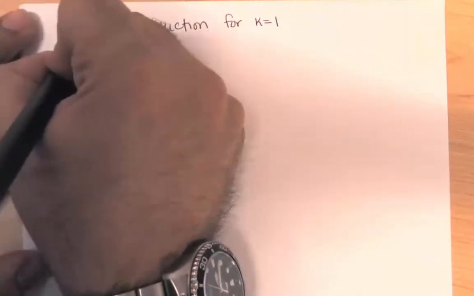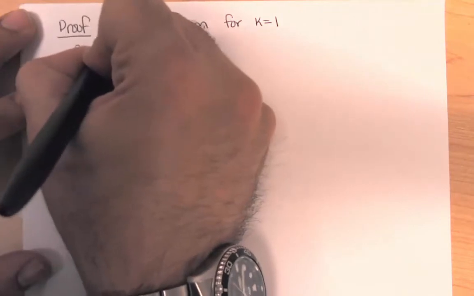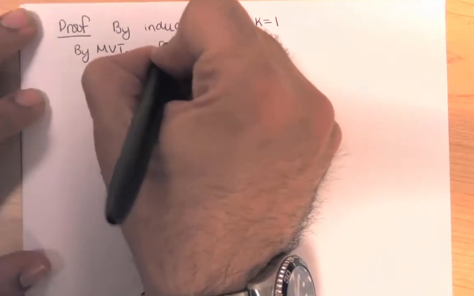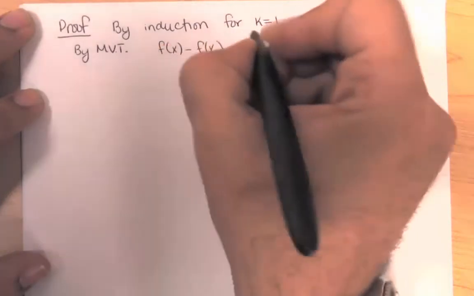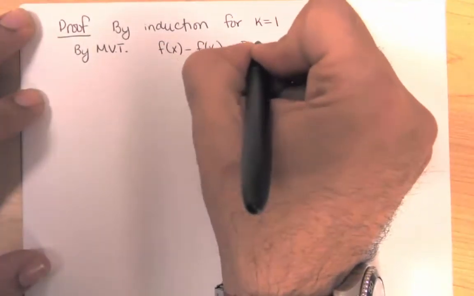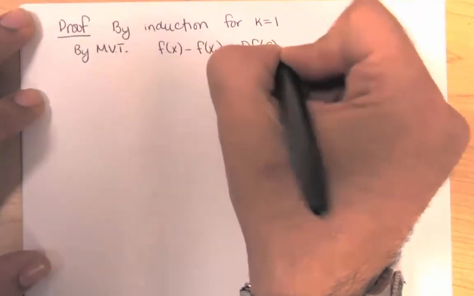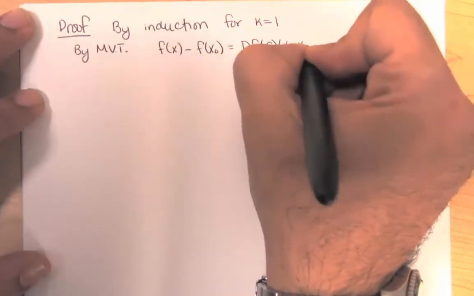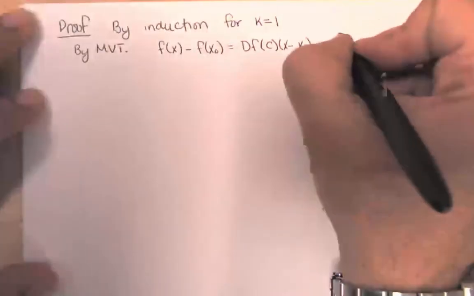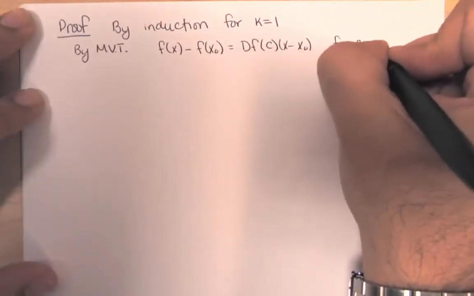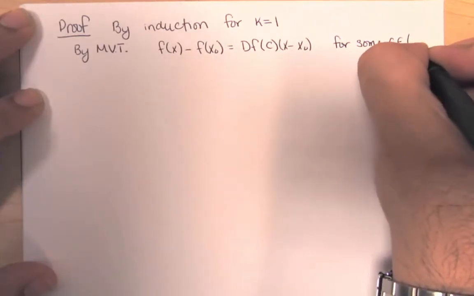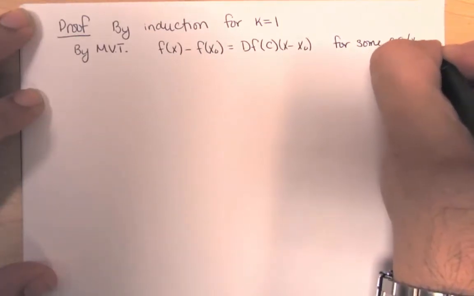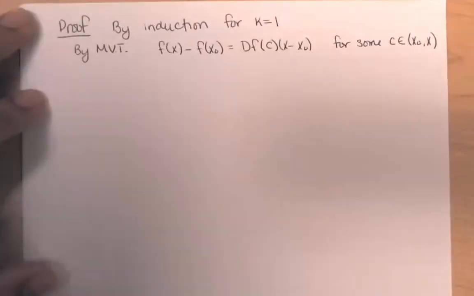Then by the mean value theorem, I know that f of x minus f of x0 is equal to the derivative of f at some c times x minus x0, for some vector c in the interval x0 to x.